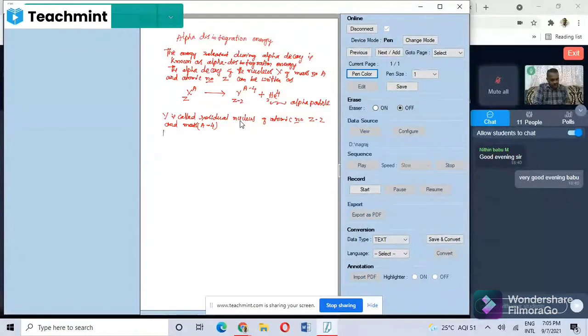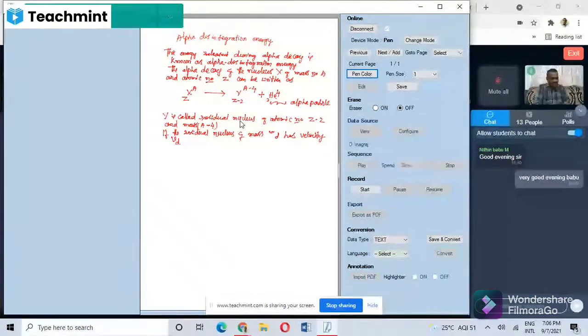So if the residual nucleus has mass MD, MD is nothing but the mass of the daughter nucleus, and since this is the residual nucleus, I denote its velocity as Vd.